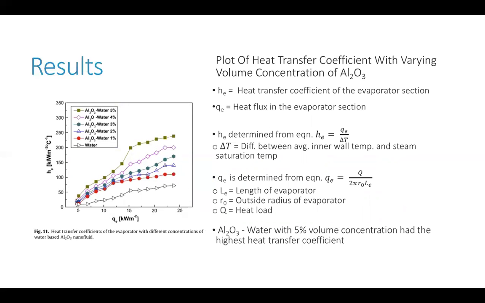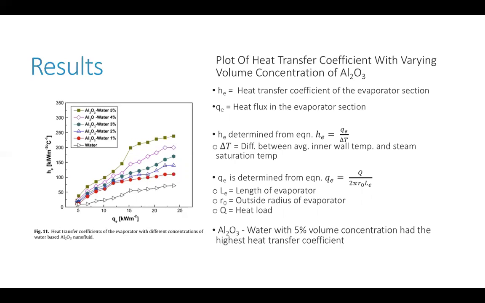Next, here in figure 11, we have a plot of the heat transfer coefficient of the evaporator versus the heat flux of the evaporator for aluminum oxide water with a varying concentration. Here, HE is the heat transfer coefficient of the evaporator section, QE is the heat flux of the evaporator section, and HE is determined from the equation HE equals QE over delta T, where delta T is the difference between the average inner wall temperature and the steam saturation temperature.